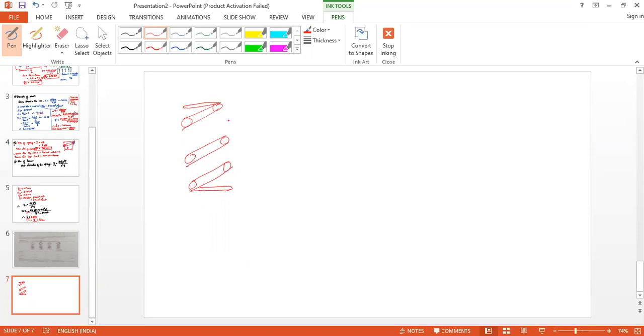The job of a spring is to take the load, undergo deflection, and when the load is released, come back to its original position.